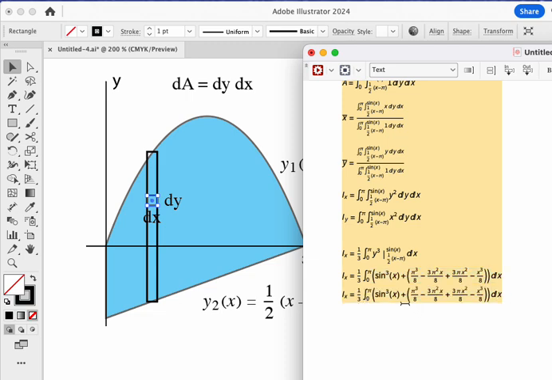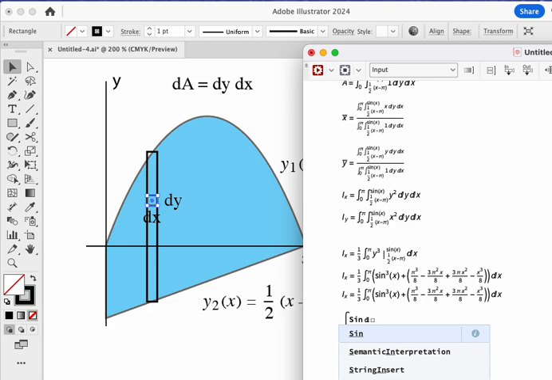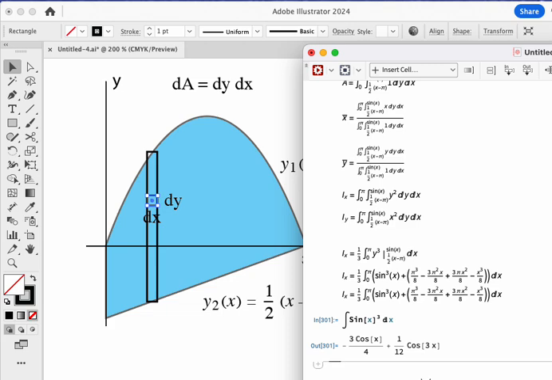I still have my third out there. Integral of sine cubed, I can't remember. Sine x cubed dx is that. Okay.